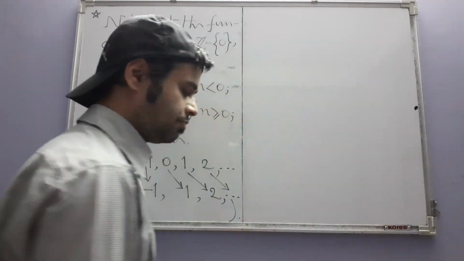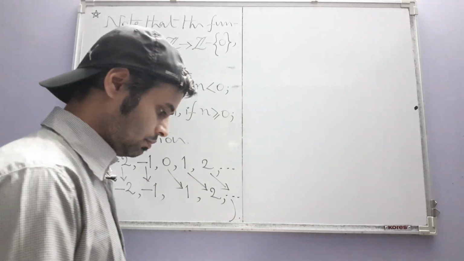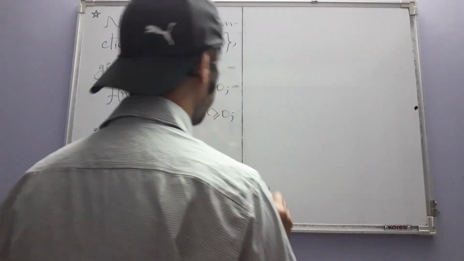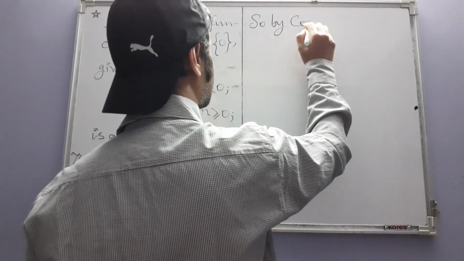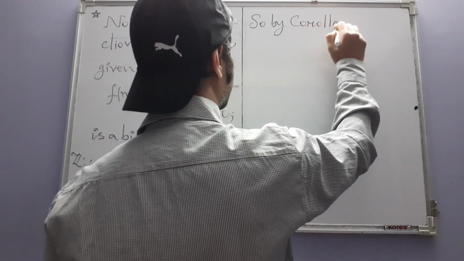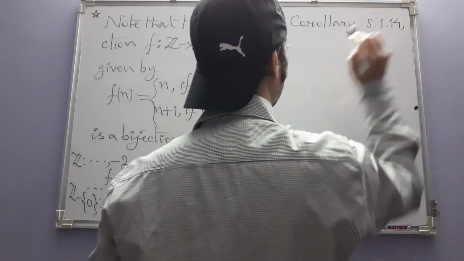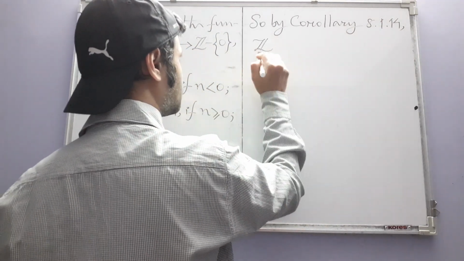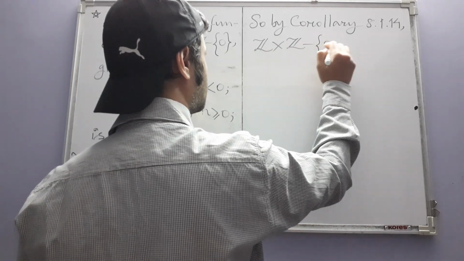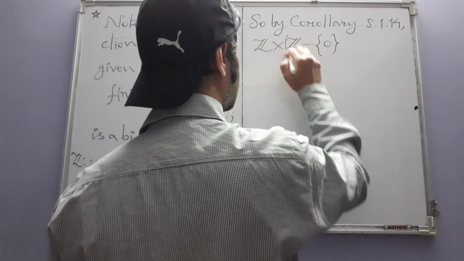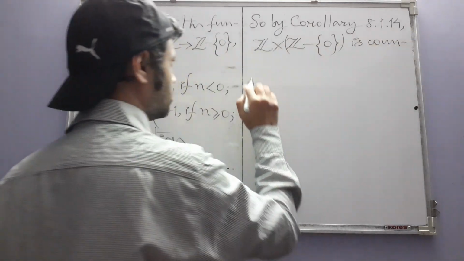But then by corollary 8.1.14, yes, so by the one we have not proved today, this Cartesian product is countable.